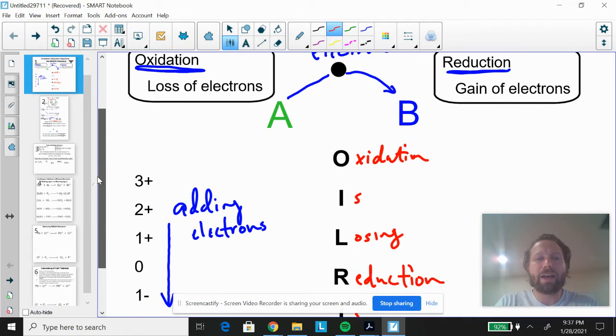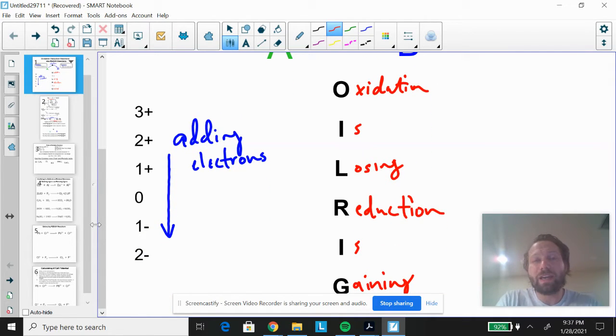So the more electrons you add or gain, the more negative you're going to be, as we see in the left-hand side here. So how are we going to remember this? Oxidation means that you're going to lose electrons, and reduction is gaining of electrons. There's a really helpful mnemonic device, and it's OIL RIG.